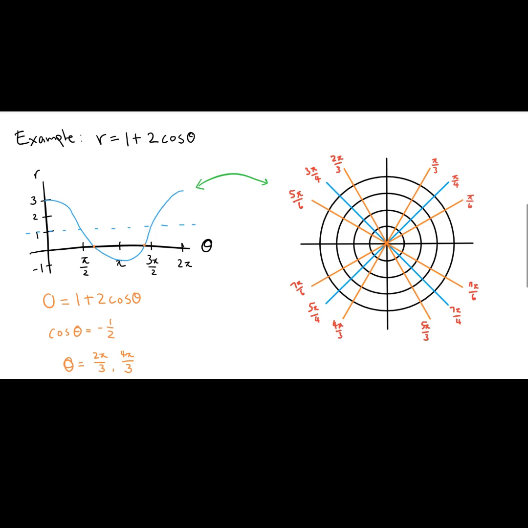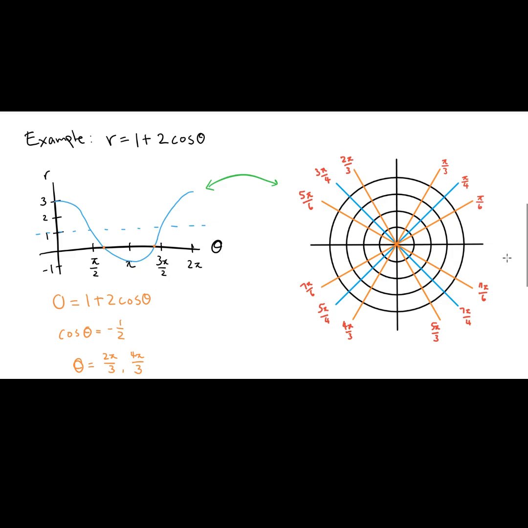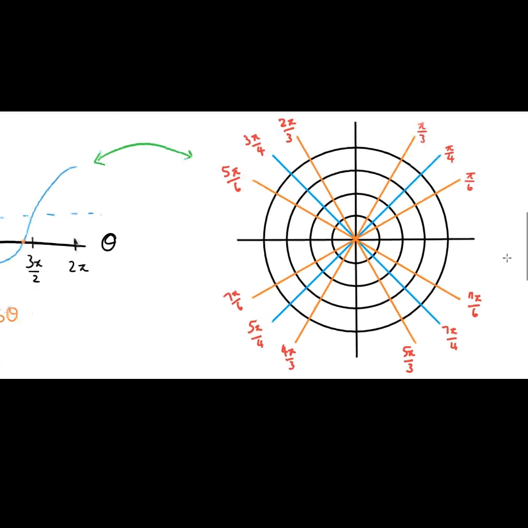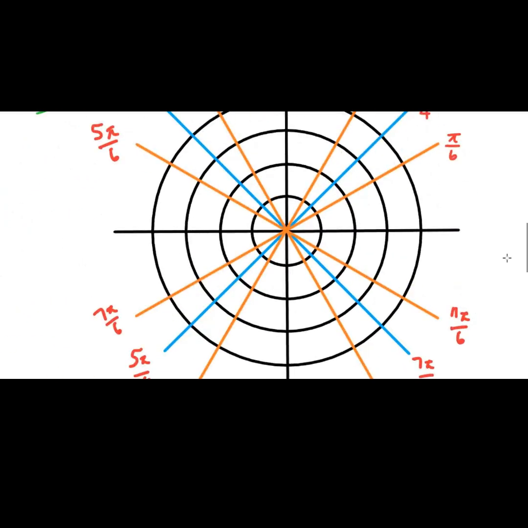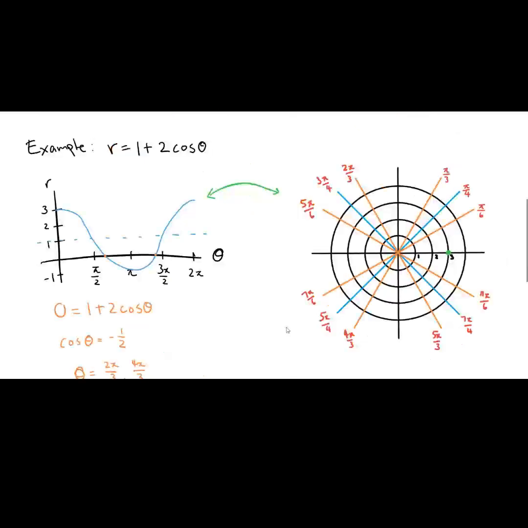So first off, when theta, or the angle measure, is 0, the radius is 3 units away from the origin. So we can label this with the graph on our right. So this is when the radius is 1, then 2, and then 3. So our point will be right here.